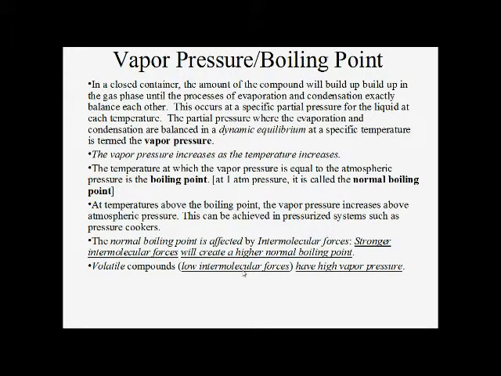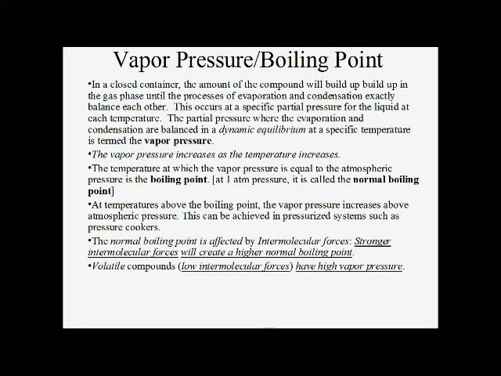Now, if we have a closed container with a liquid in it, a certain amount of the liquid will escape into the gas phase. It will increase the pressure of the gas phase up to a point when the condensation rate equals the evaporation rate. So when condensation equals evaporation, we'll have a certain pressure in that gas phase that came from the liquid.